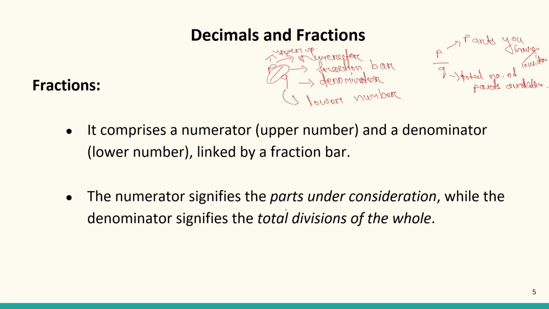So the numerator signifies the parts under consideration, while the denominator signifies the total divisions of the whole. And mind here that the total divisions are actually of equal proportion.